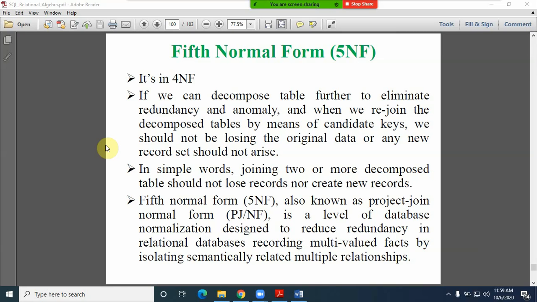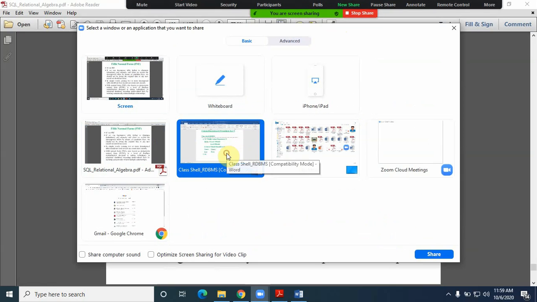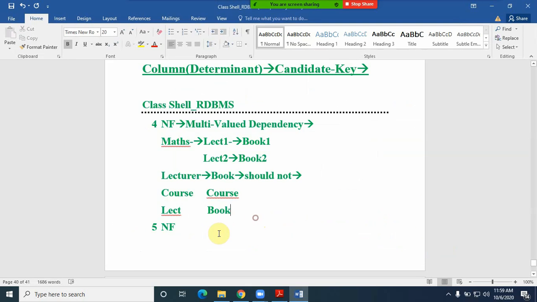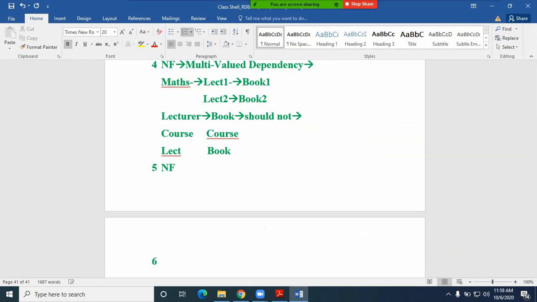In brief, what I am giving is, observe here, friends. In the case of the fifth normal form, attribute 1, attribute 2 and attribute 3 are there.